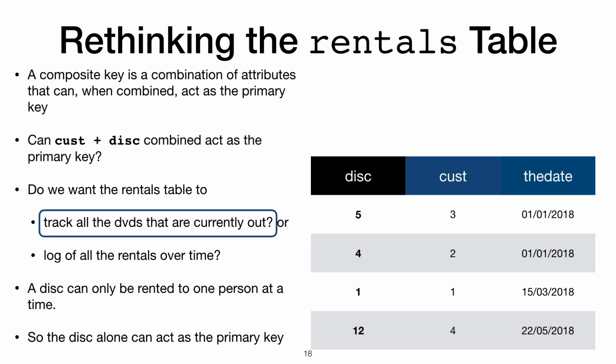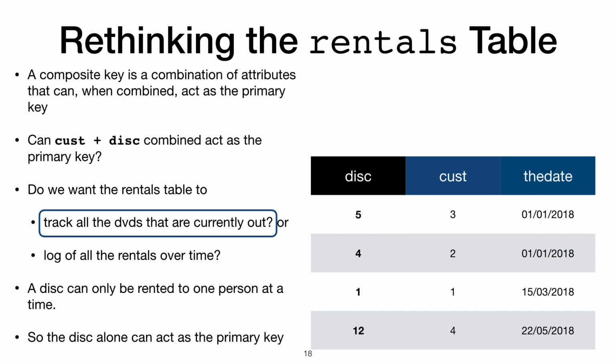So no disc is ever going to appear in this table twice. When it's rented out, it's in the table. When it's returned, we delete it from the table. And then we might rent it out again. But when we're renting it out the second time, it's still the only instance of the disc in the table.